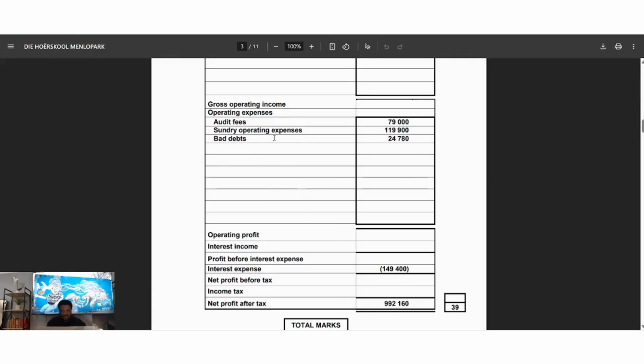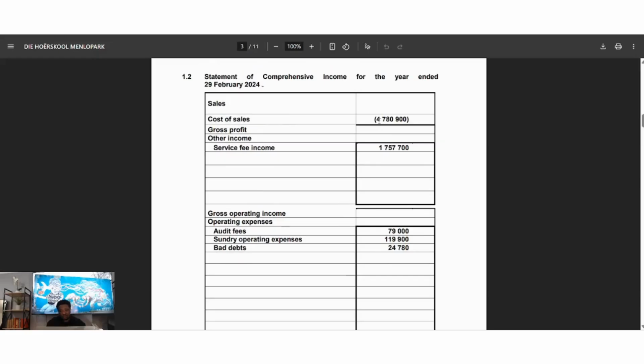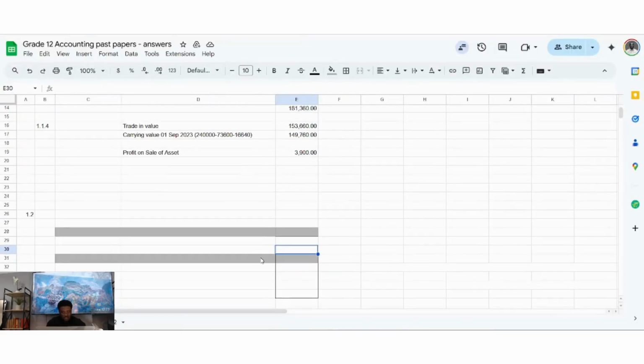Those highlighted areas already have numbers, so I'll take from the answer sheet so that we don't waste our time trying to figure that out. Quickly taking cost of sales here, that's 4,780,900. So I'll put cost of sales here, and the thing I have to put above that is the sales.